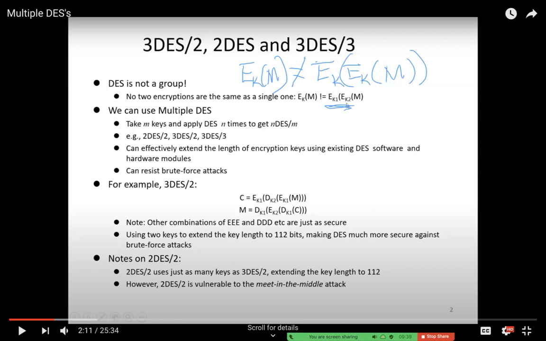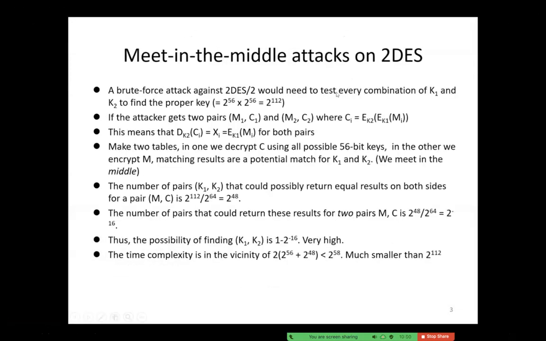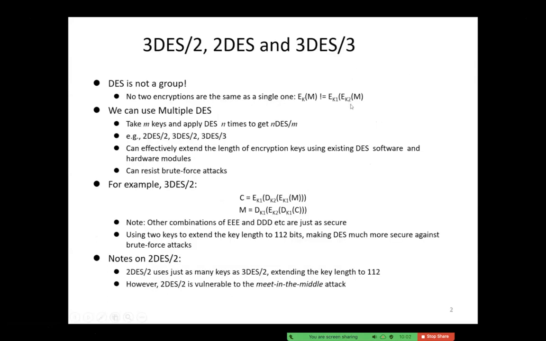Then you apply DES twice, and hopefully you can get a stronger encryption to counter brute force attacks. So you can use this result to do DES several times, with the effect of having a much longer secret key.